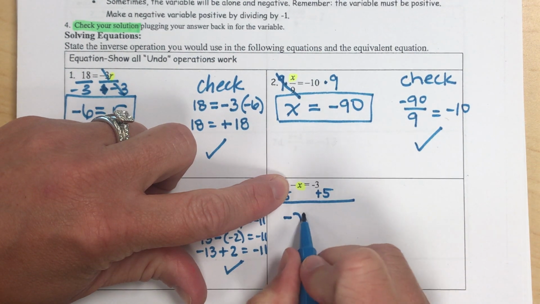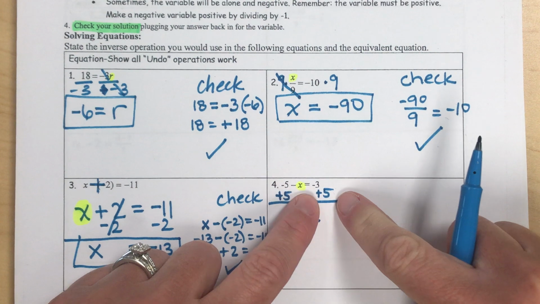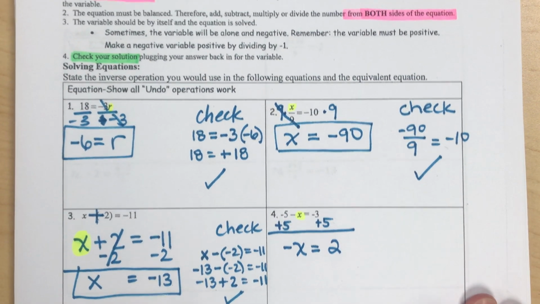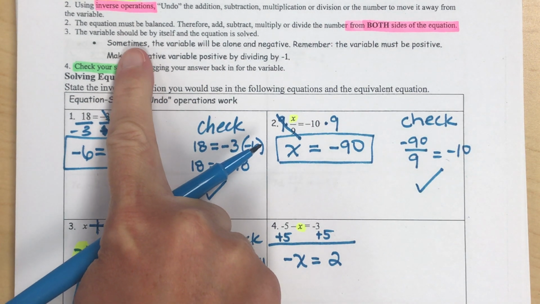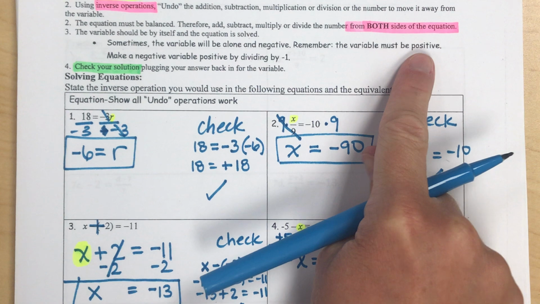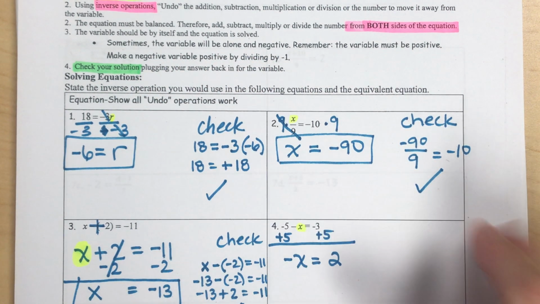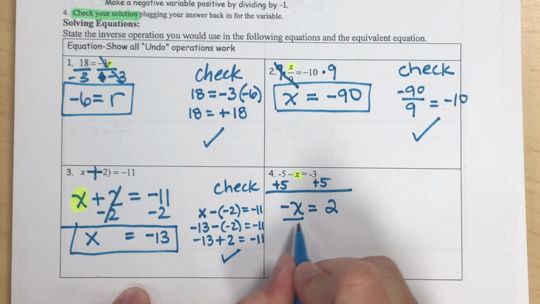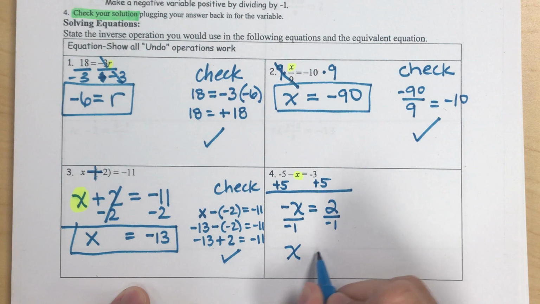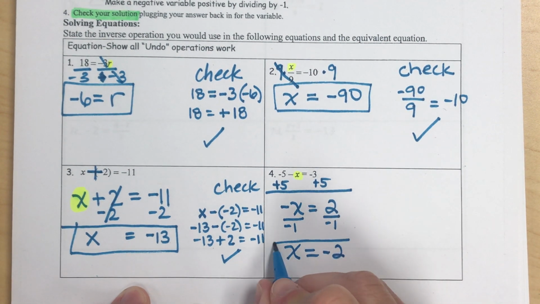So I have negative x, because there's a subtract sign there, that stays, and that will equal now negative 3 plus 5, which is positive 2. Now in this case, I'm going to do what my bullet point here says. If your variable is not positive, how do you make a negative positive? We're going to divide both sides by negative 1. So divide this side by negative 1, divide this side by negative 1, and now I should have a positive x and my solution of negative 2.